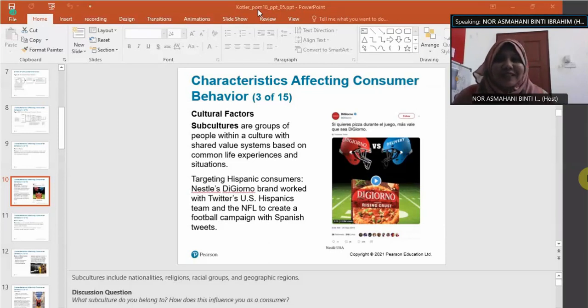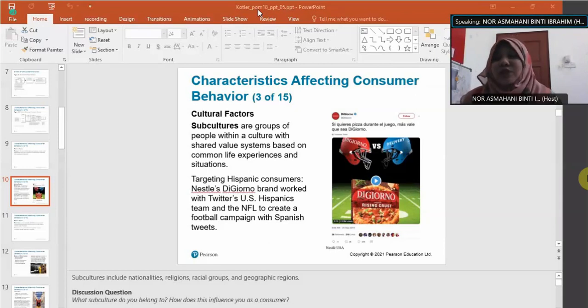But young Hispanic Americans like to change to a new substitute. It's easy for them to change. They're not really loyal, compared to the Asian Americans, for example.